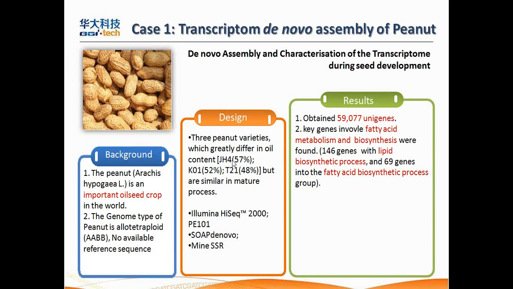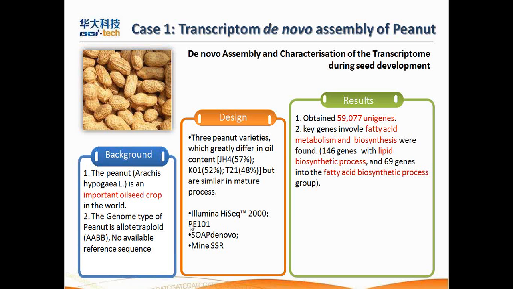For the GH4 variety, the oil content is 57%, this KO1 is 52%, and this T21 is 48%. So they tried to use de novo assembly of the transcriptome and compare the transcriptomes of these 3 peanut varieties, to answer the question of why there is a difference in oil content.